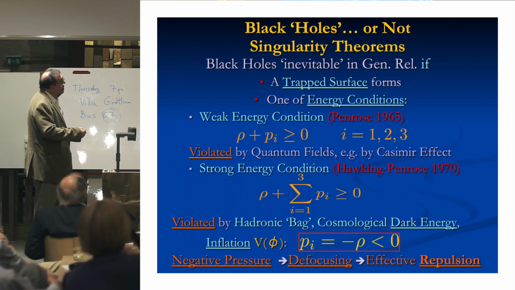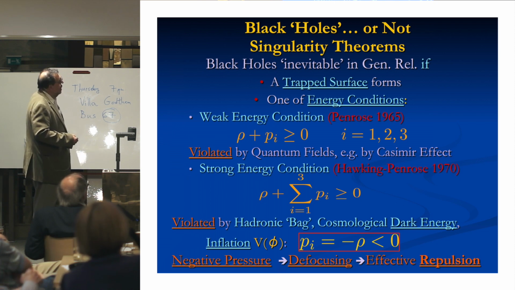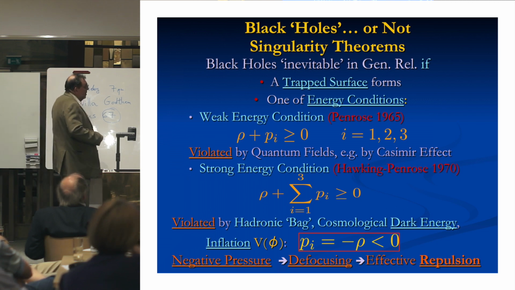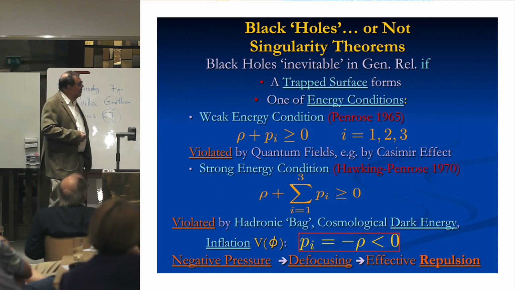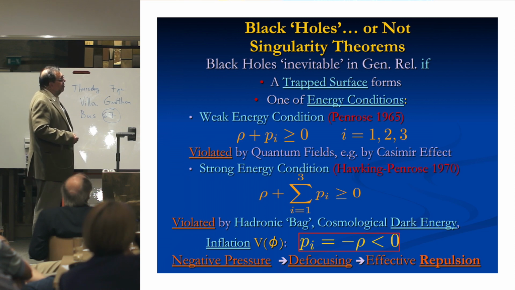So the important point is that you, again, will get a black hole forming if you have certain conditions on the energy momentum tensor. You can't say anything unless you say something about T mu nu. And it was pointed out really a long time ago in the 60s, prior to inflation, really anticipating what we now call inflation, by Zeldovich and Sakharov in the Soviet Union, that if you had a negative pressure vacuum-like energy equation of state in the early universe, then you would avoid the initial singularity.